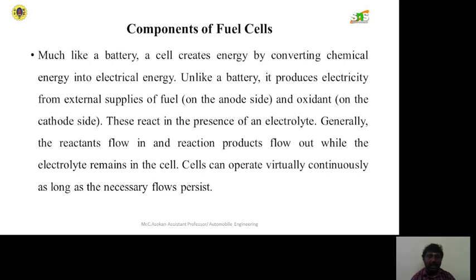These react in the presence of an electrolyte. Generally, the reactants flow in and the reaction products flow out while the electrolyte remains in the cell. The cell can operate continuously as long as the necessary flow persists.